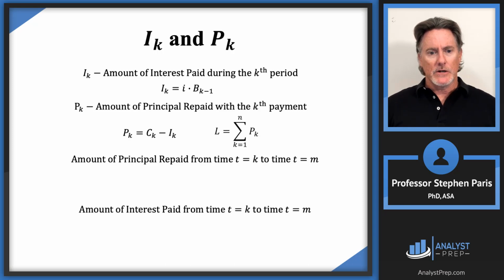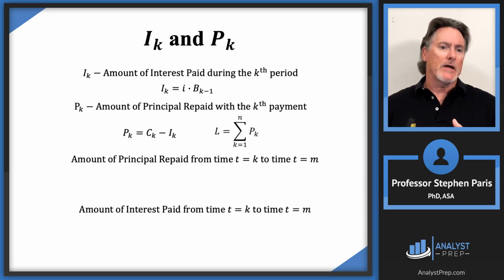these amounts. If you look at the first two amounts that are on this slide, the amount of interest that's paid in a single payment, that's cap I sub K, generally that's going to be the first thing you calculate if you want to calculate the amount of principal that's repaid with a single payment. Because again, you go through this calculation where you subtract off from the total amount of the payment.